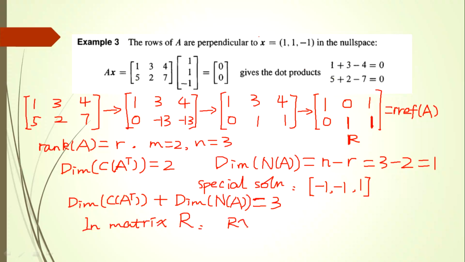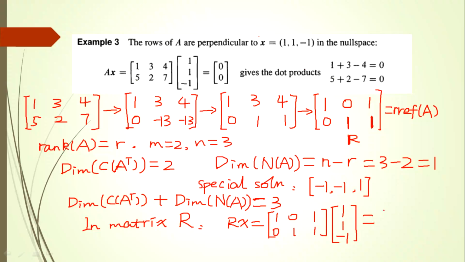So Rx is 1, 0, 1 and 0, 1, 1 times 1, 1, minus 1. This is also a solution in the null space, but usually we express the special solution this way because we set the free variable x3 equals 1. It doesn't matter, 1, 1, minus 1 is a scalar multiple of the special solution.